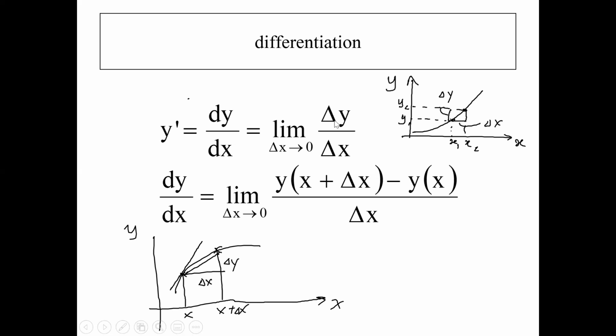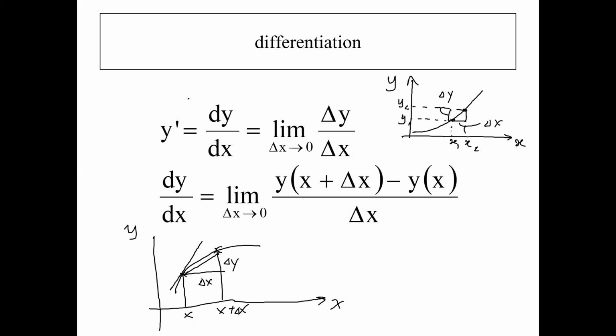However, what we need is the rate instantaneously at some point. So we want to change x by a very small number, and we take the limit of delta x approaching 0. Taking the limit of delta y by delta x as delta x goes to 0 is called the differentiation of y compared to x.